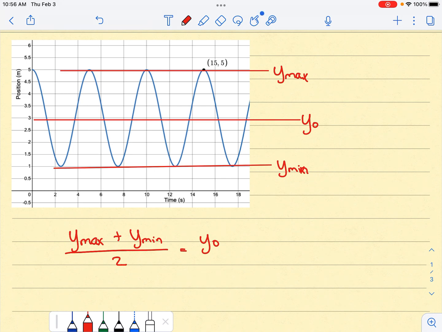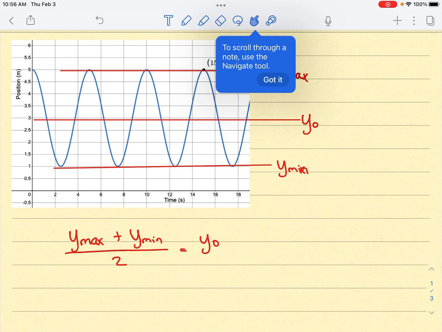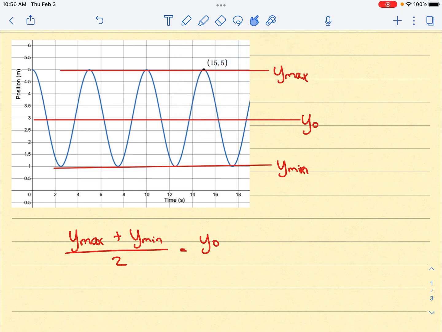Okay, so in this case, the maximum value of y we can tell from the graph. You can see the graph, the maximum value of y is right here. That's at 5. So from the graph, we can tell the maximum value of y is 5. The minimum value is right here. That's 1.